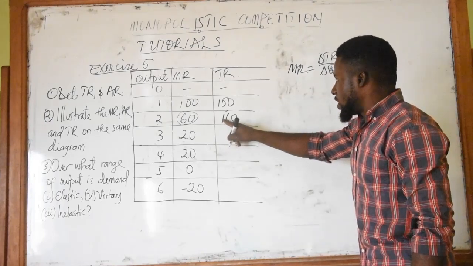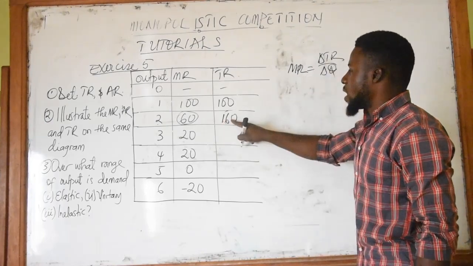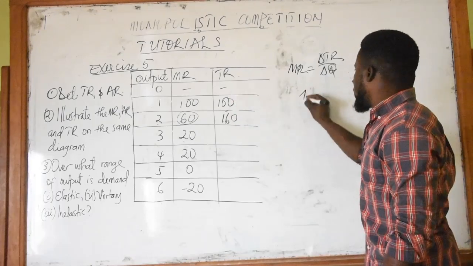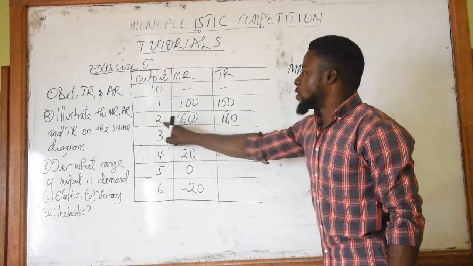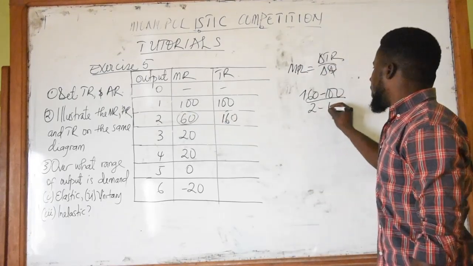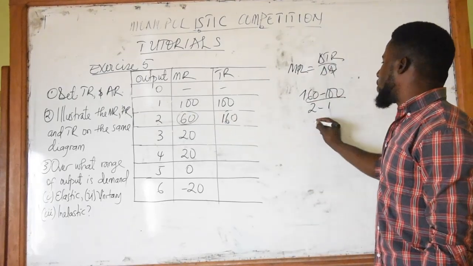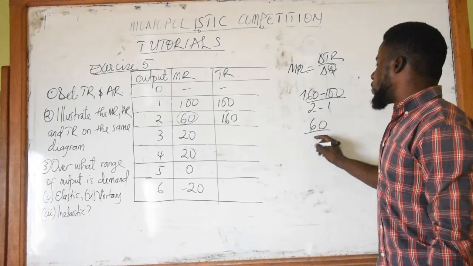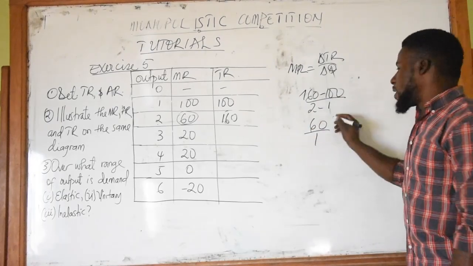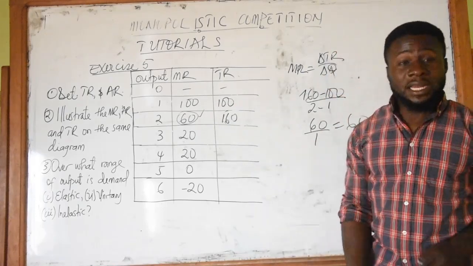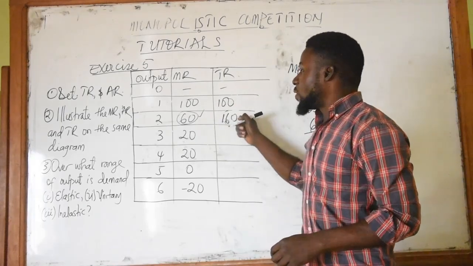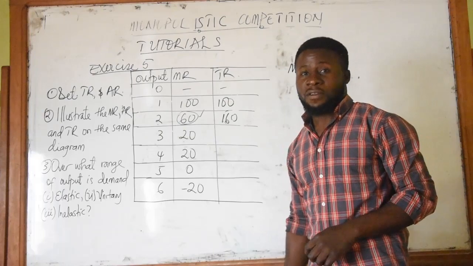So the change in total revenue is 160 minus 100, divided by the change in output, 2 minus 1. 160 minus 100 gives us 60, 2 minus 1 gives us 1, and 60 divided by 1 gives us 60. That is how you get total revenue if you are given only marginal revenue.